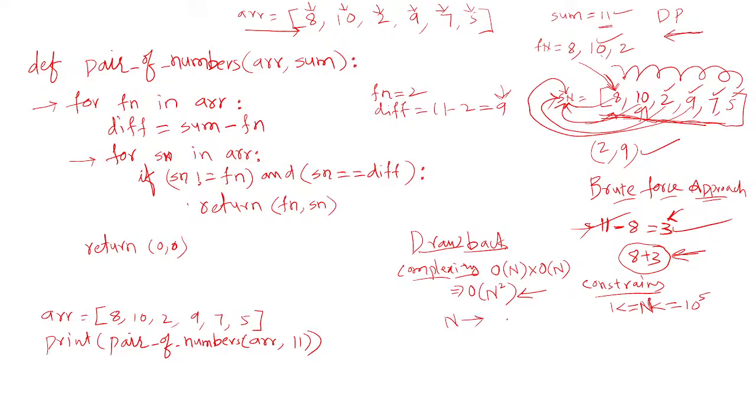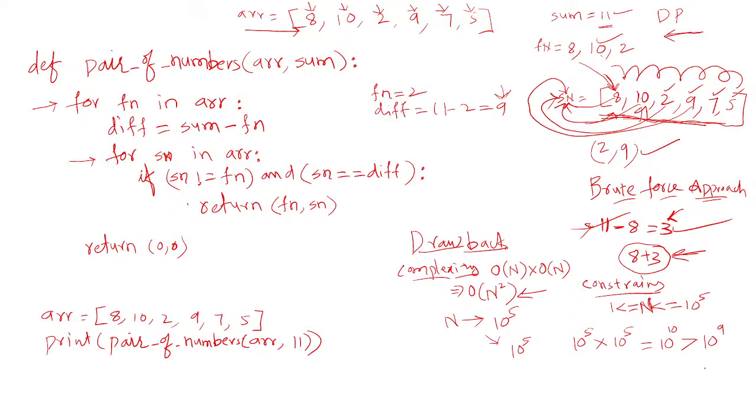For the first loop we run 10 to the power of 5 elements, and inside this we run another loop which runs 10 to the power of 5 times. So these two loops together run 10 to the power of 5 into 10 to the power of 5, which is equal to 10 to the power of 10 times. 10 to the power of 10 times the loops together run, which is greater than 10 to the power of 9.